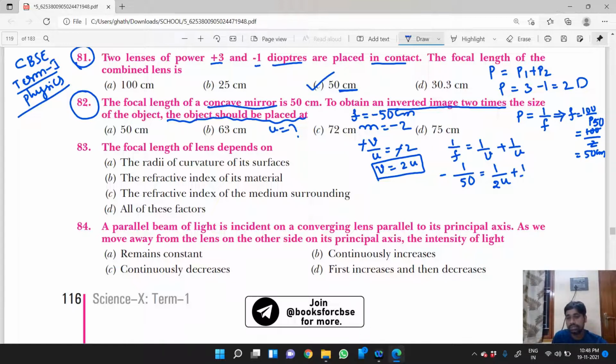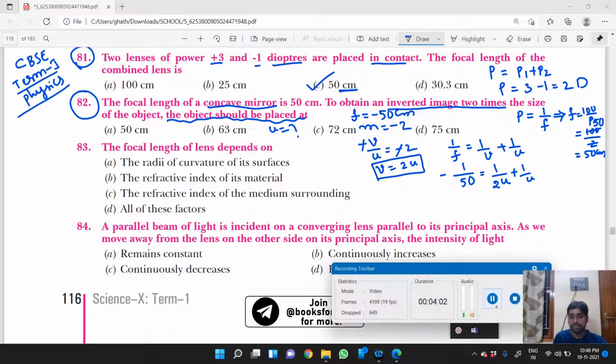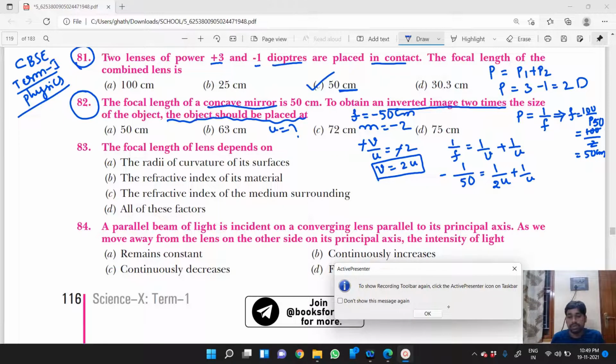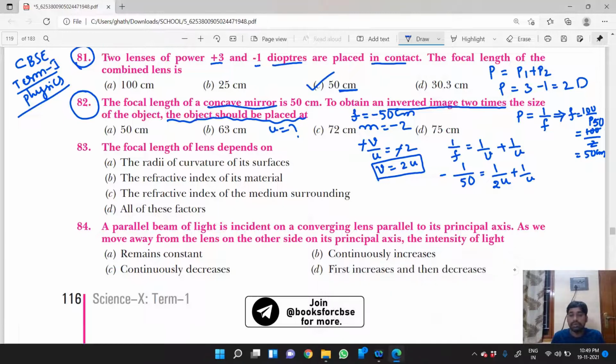The LCM is 2u. 2u into 1 by 2u is 1 time, and u is 2 times.